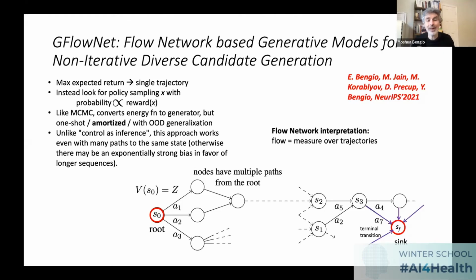And maybe there are many paths to construct the state. So if I've constructed a partial molecule, it's not yet like a stable molecule, but it has a bunch of atoms. I could have achieved that from many ways through different ordering of adding things. So we have a method that takes that particular structure into account.